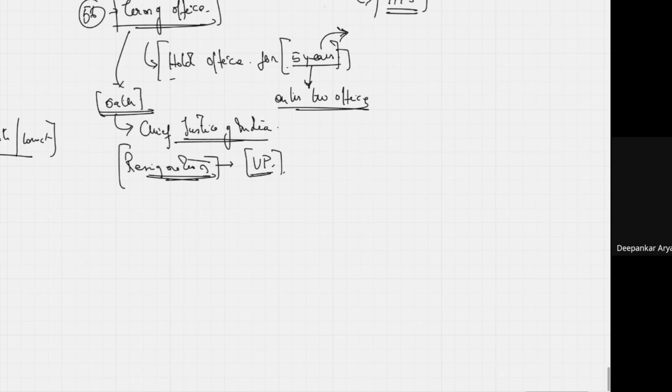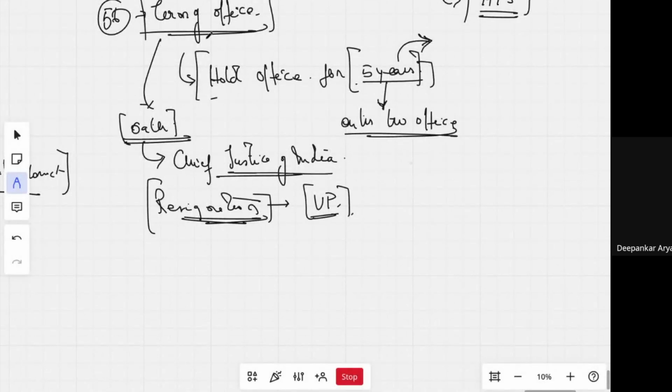So the President is the highest position in India, so no one has the authority to appoint the President of India. The Supreme Court judges are appointed by the President of India. The High Court judges are appointed by the President. Simply because the Chief Justice of India administers the oath doesn't give him the appointing authority. So one thing: there is a provision that the VP will act as the President.